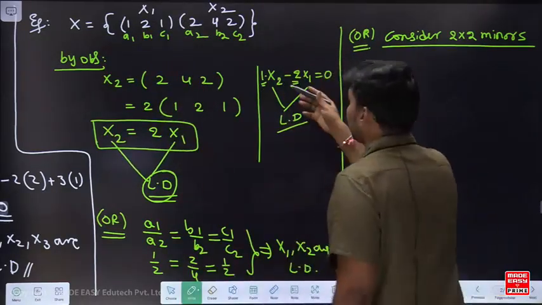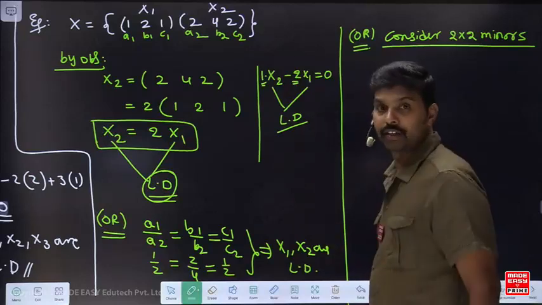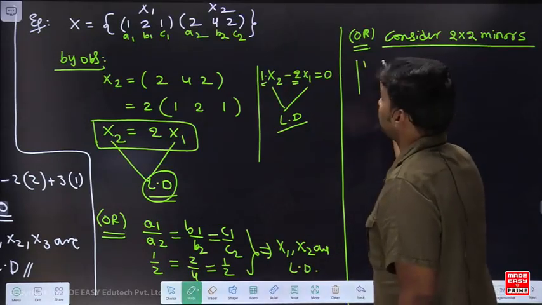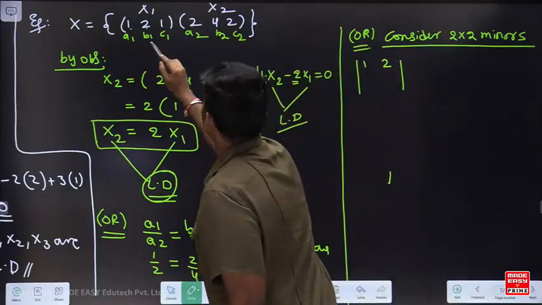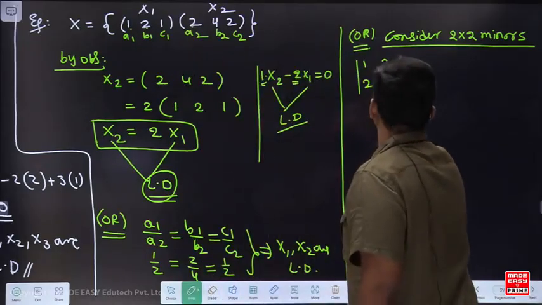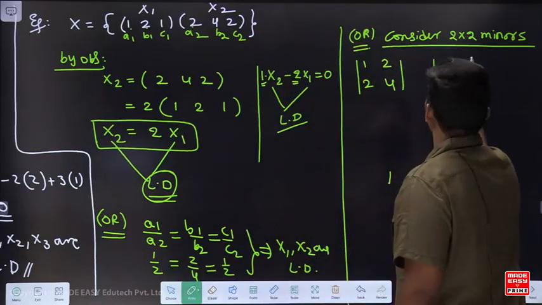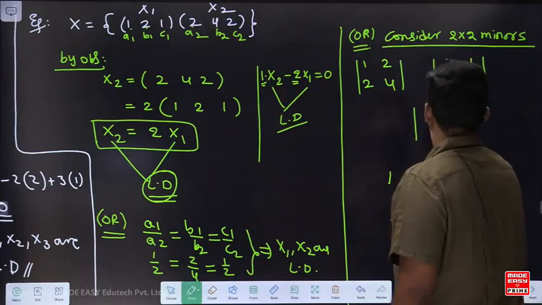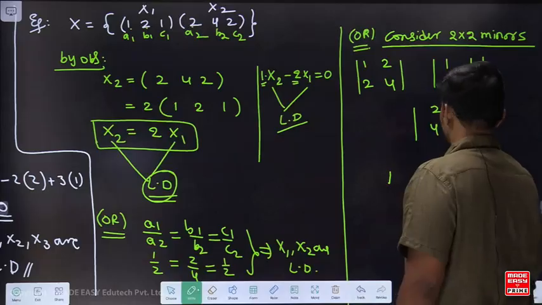So yes, there are 3 2 by 2 minors you can write. So consider 2 by 2 minors. Yes, 1 2 1 2 2 4 2 4, and another one 1 1 2 2, right. Another one, it is 2 1 4 2 here.